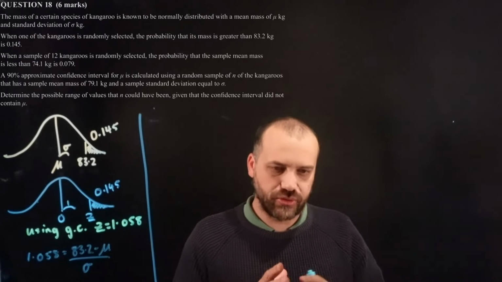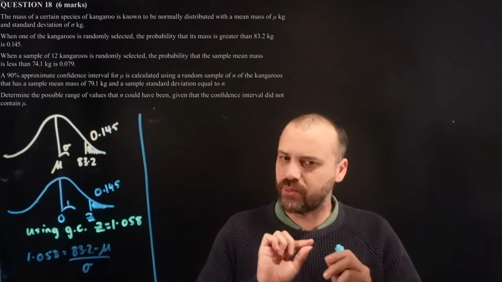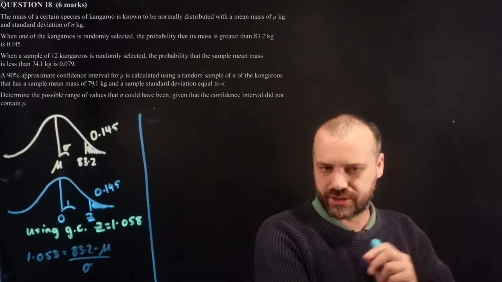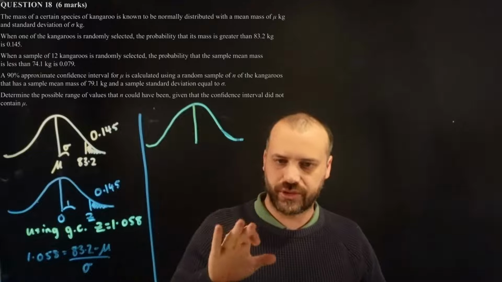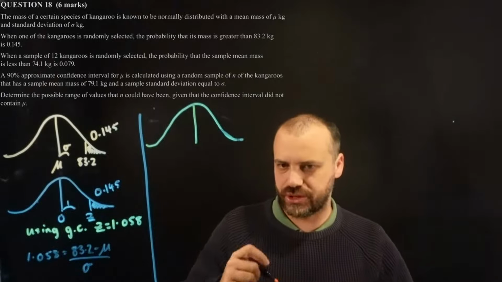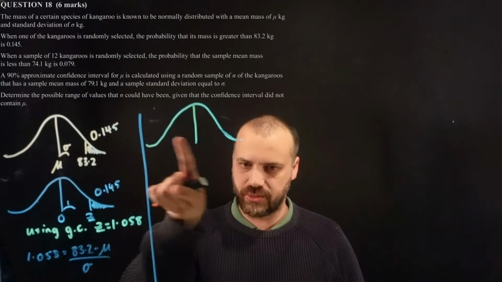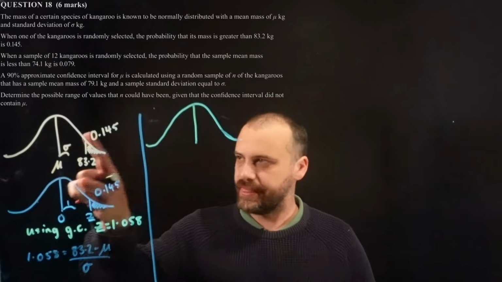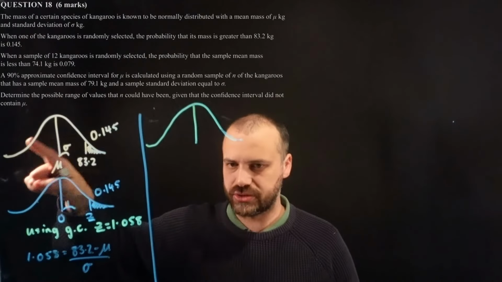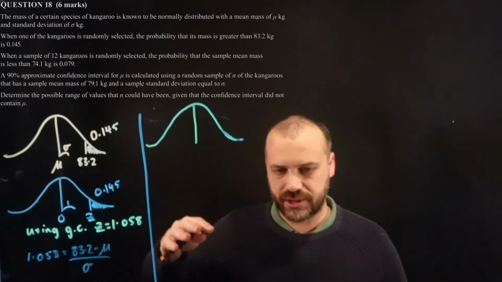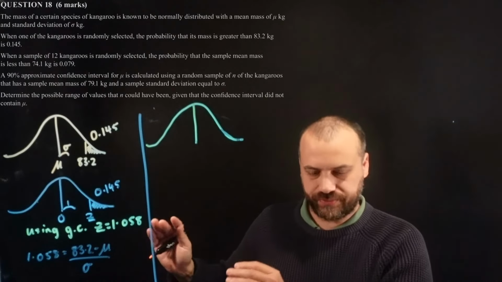This is another normal distribution, but with a slight difference. So let's look at those differences. So here it is. I've drawn up another normal distribution. Now, this is not the same normal distribution as this one, right? These are different graphs. This is the normal distribution as it pertains to the population, right?